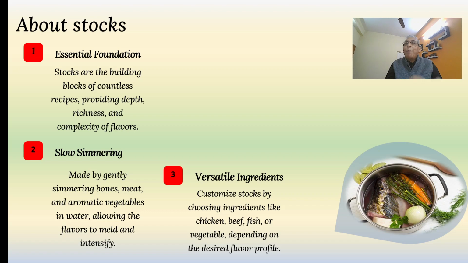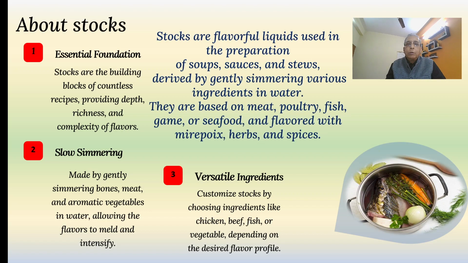So once we combine these three ideas from different aspects about the stock, we can build up one common explanation for the word stock. Stocks are flavorful liquids used in the preparation of soups, sauces, and stews, derived by gently simmering various ingredients in water.